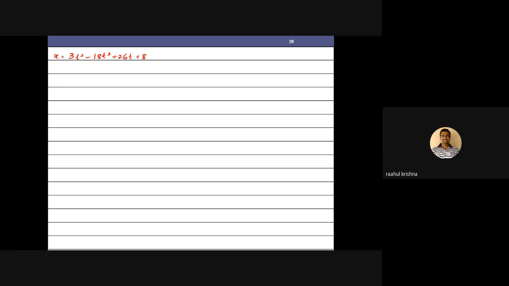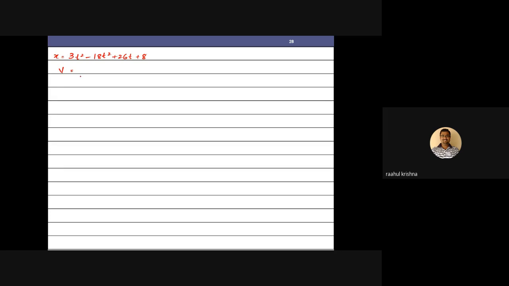Next, I am supposed to make the relation for velocity. As we discussed in the previous lecture, velocity can be either the average velocity or the instantaneous velocity, but as per our general expression, we'll be talking about the instantaneous velocity at that particular instant.